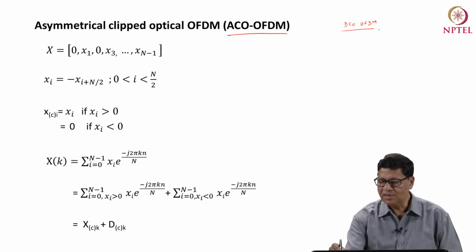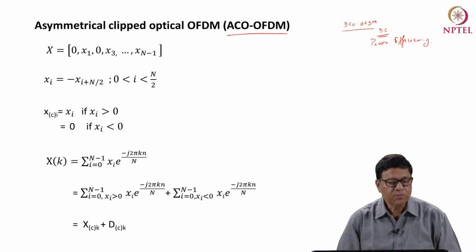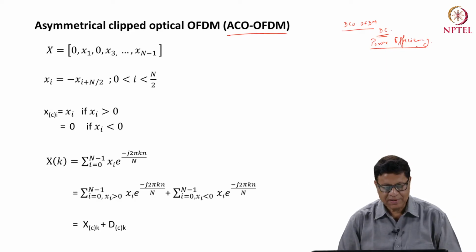And because of this DC shift, the power efficiency of the DCO OFDM is poor. So let us discuss another technique where we can solve this particular problem of power efficiency.